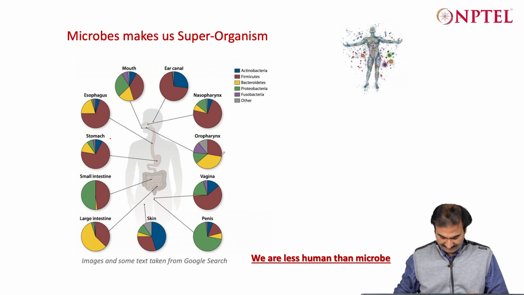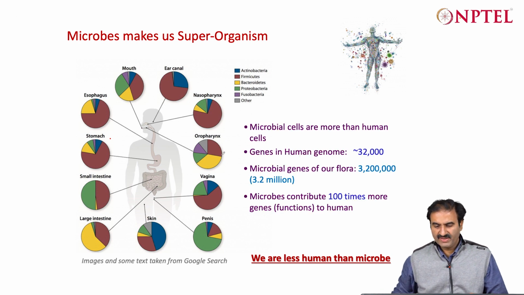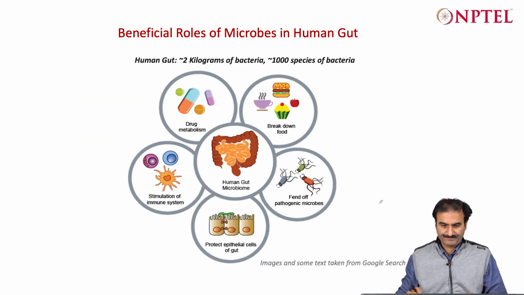They cover almost all our body, and they contribute almost 100 times more genes and functions to humans, which is why they are relevant to us, because we have only 22 to 25,000 genes, but these microbes contribute 100 times more genes, which perform a lot of important functions which the host, the human, cannot do.